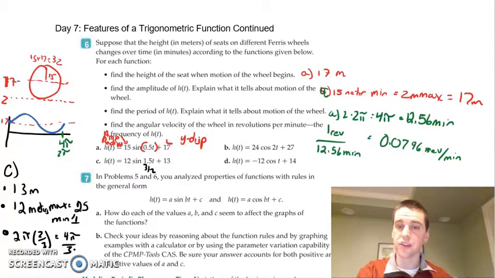Notice that's 1.3333, which is smaller than 2. If we multiply that out with the pi in there, you're going to get approximately, and these are all approximate because there's pi in there, 4.2 minutes for 1 revolution.